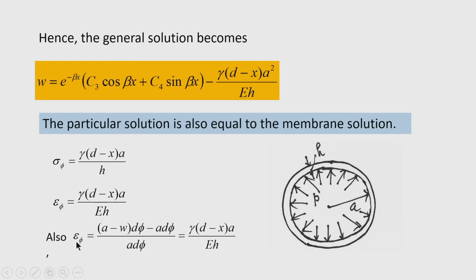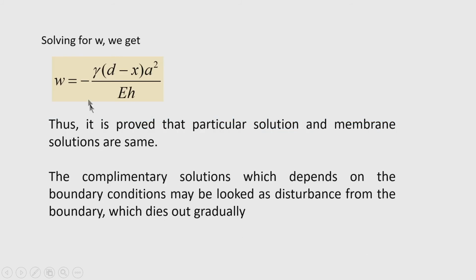Therefore, this circumferential strain will be nothing but minus W by a. So, minus W by a is nothing but gamma into (d minus x) into a divided by E h. So, W can be readily found as minus gamma into (d minus x) a square divided by E h. So, it is again proved that the particular solution and the membrane solution are the same.